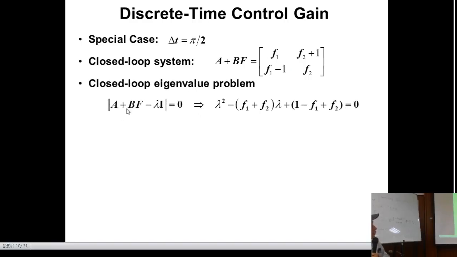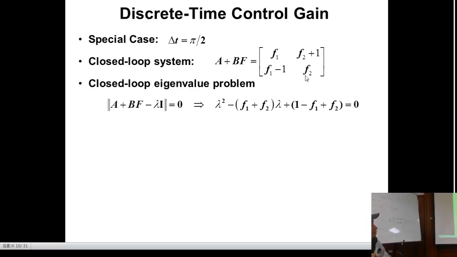All right. Now, what is the closed loop eigenvalue I have? A plus BF minus lambda I. If I want to solve the eigenvalue problem of this A plus BF, then what I need to do is to solve the determinant of A plus BF minus lambda I. Right? Eigenvalue. How can I solve eigenvalue of this matrix?